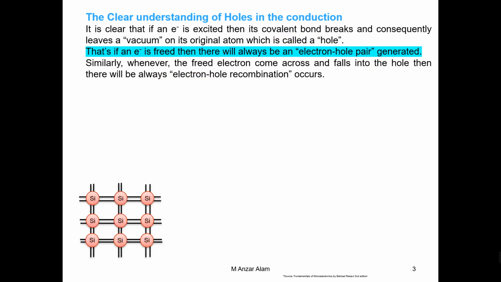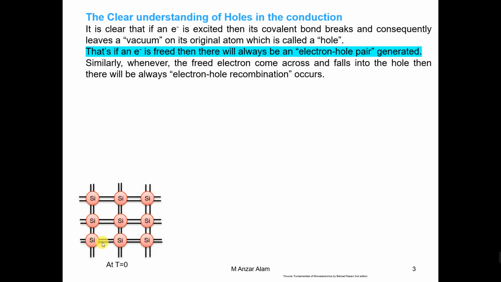Now take a structure of silicon here. This is pure silicon. There is no impure atom, no free electron, no holes. We know each silicon is sharing two electrons.